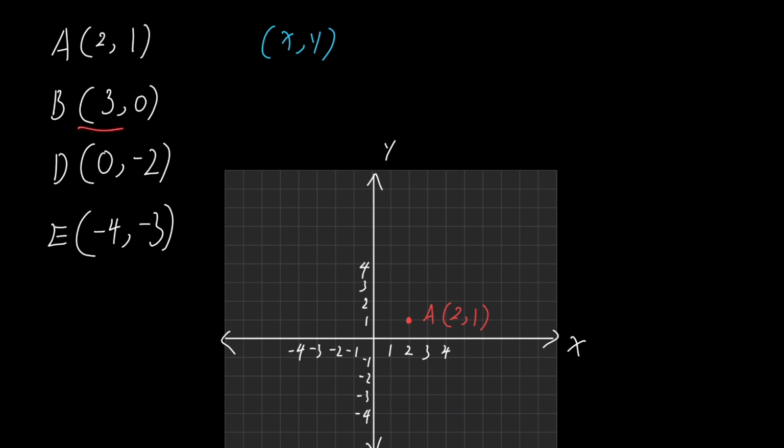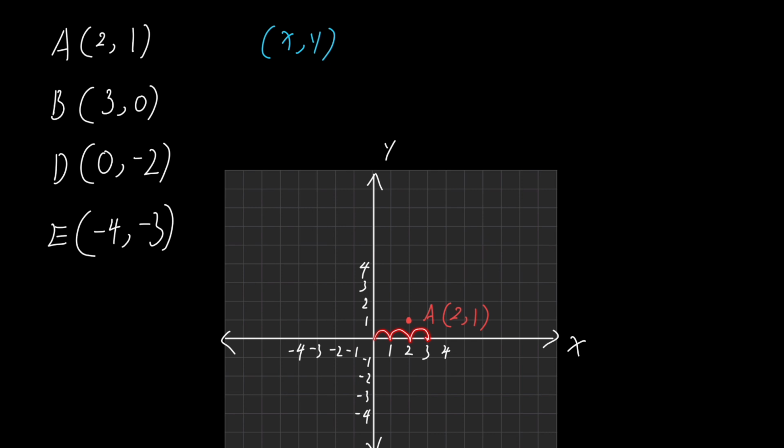For this 3 comma 0, similar, we start from 0. X is along the x-axis, so we're searching for this number. We start from 0 and move to the right 3 units, 1, 2, 3. But the y value is 0, which means we don't move at all. We just stay where we are right now.